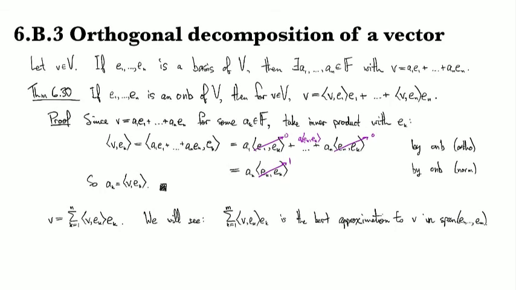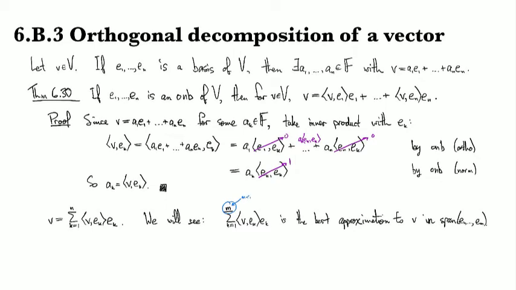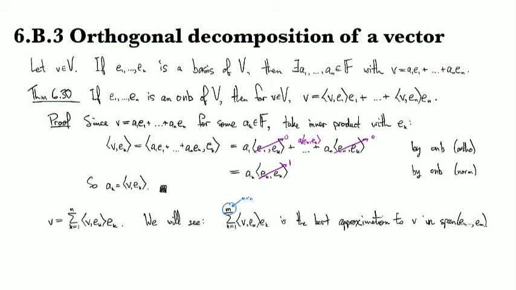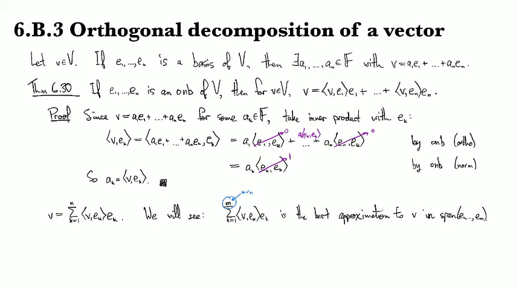So here, presumably, we're going to take m to be less than n. We'll also see that this is the projection of V to the span of E1 through EM. And so maybe a picture to go with that would be useful.